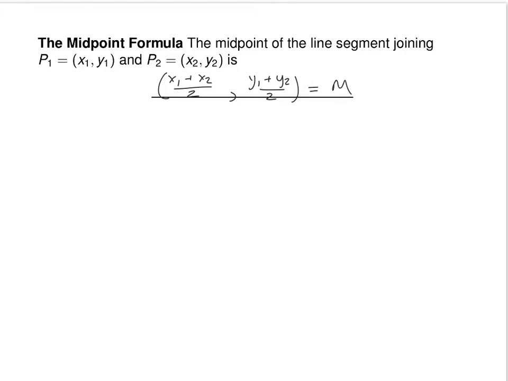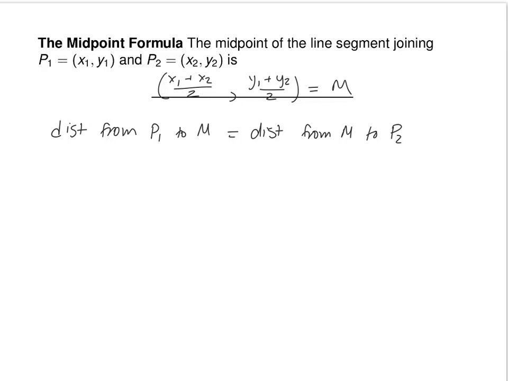We're going to call it M. I didn't technically prove it because proving is a little bit tedious, but what this tells you is that the distance from P1 to M equals the distance from M to P2. Does that make sense as a concept?